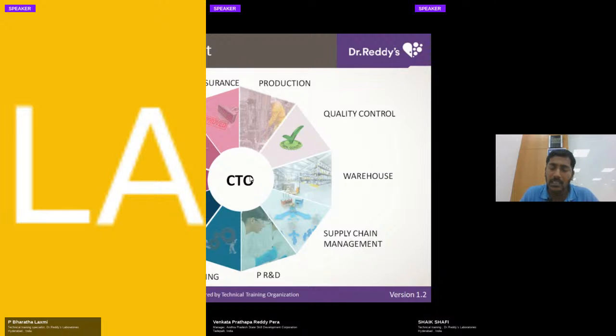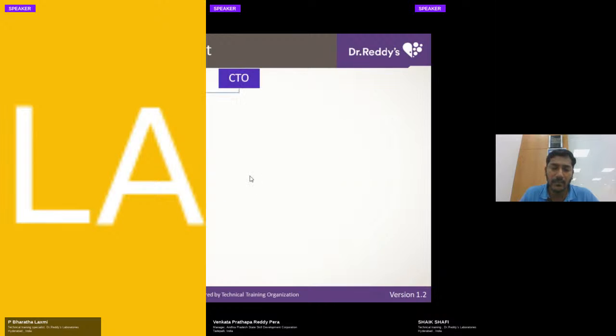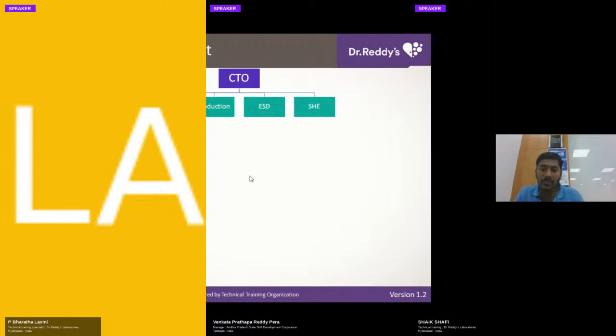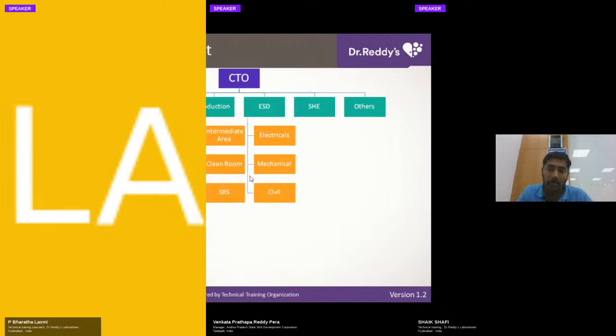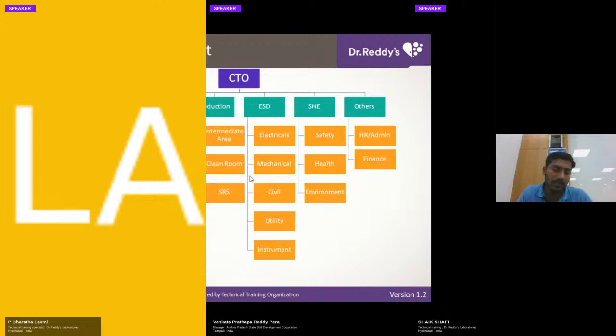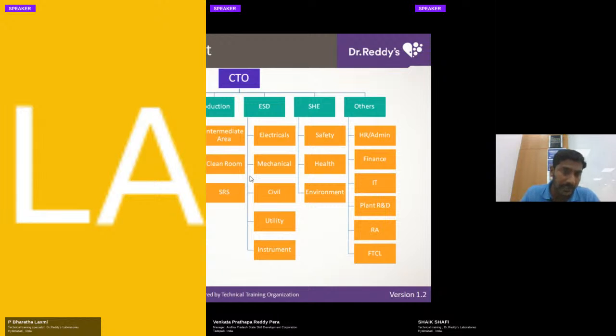IT is responsible for the different types of systems we use in the manufacturing area, so IT people will support. Safety, health, and environment are responsible for the safety and health of employees and the environment. While manufacturing different products, there may be byproducts, so treatment of that effluent is also their responsibility. So I am expanding here.